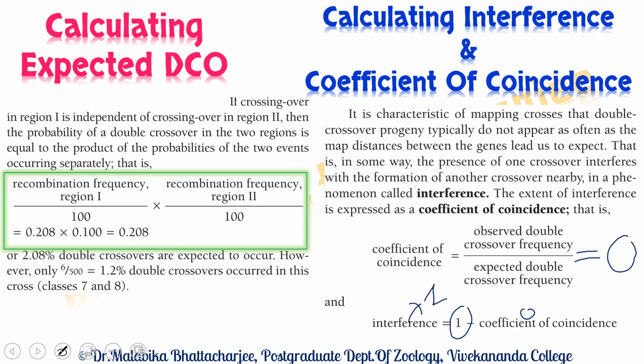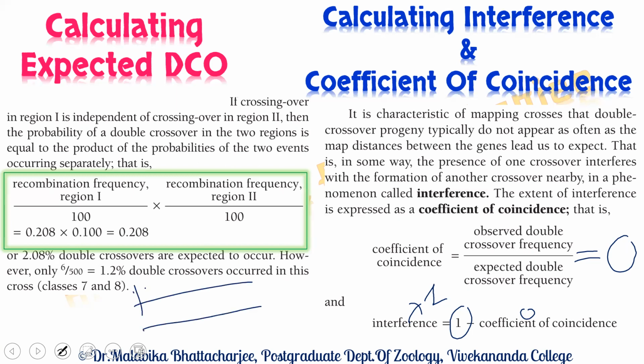That means that one crossing over is totally interfering with the happening of the other crossing over, and so the other crossing over is not taking place. So we will not be getting double crossover phenotypes in such a scenario.